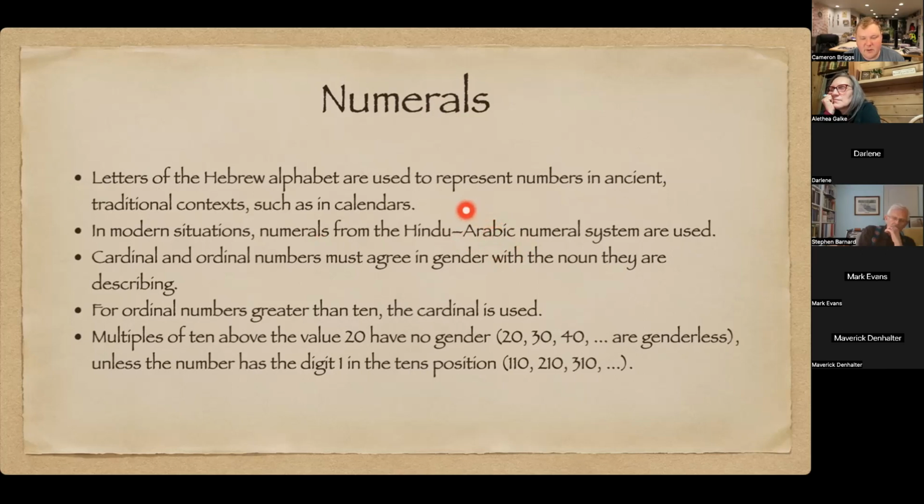But anciently, they didn't have those numbers, and they used their alphabet to count, and they still use it in things such as calendars. All the numbers, whether cardinal or ordinal, must agree in gender with the noun that they're describing.